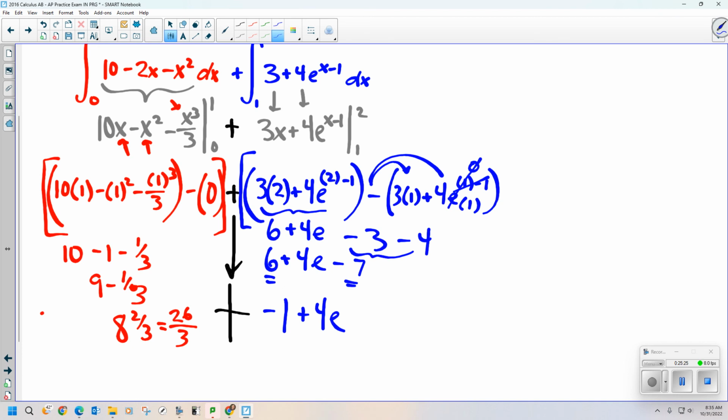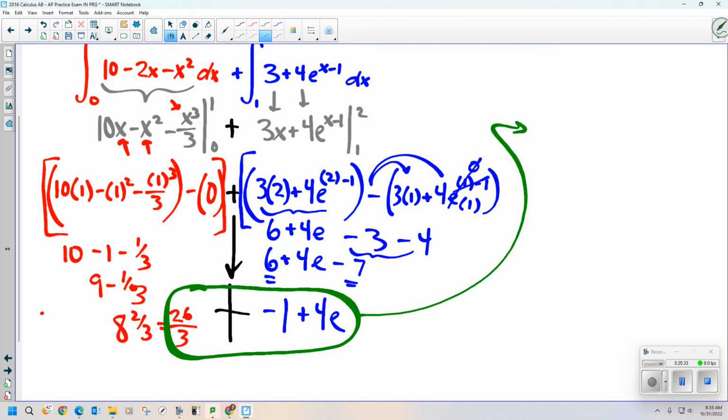Well, we have this right here. Let's just combine all this. 26 over 3 minus 1. I'm going to write 1 as 3 over 3 so I can combine those. Plus 4e.